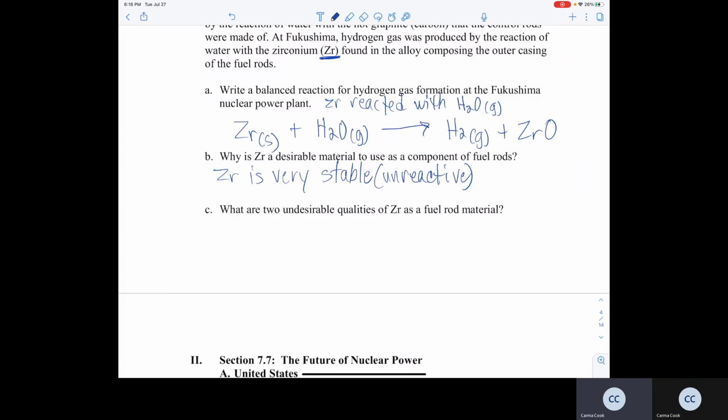And so, because it's very stable and unreactive, it does not react with the uranium itself.